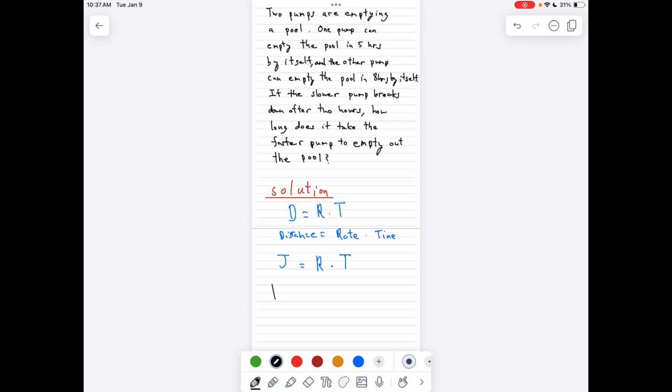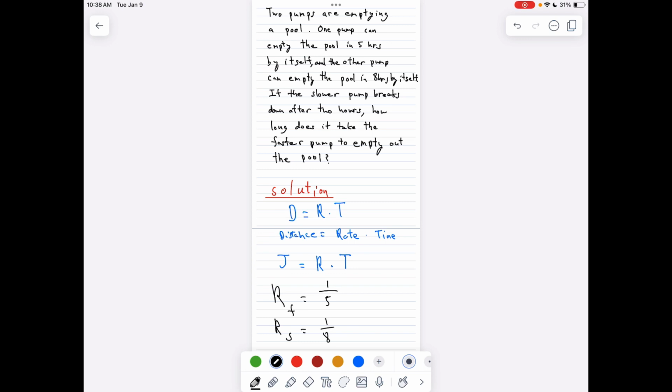Now here we have two rates: the rate of the fast pump and the rate of the slow pump. The rate of the fast pump is 1/5 and the rate of the slow pump is 1/8. So why 1/5 and why 1/8?